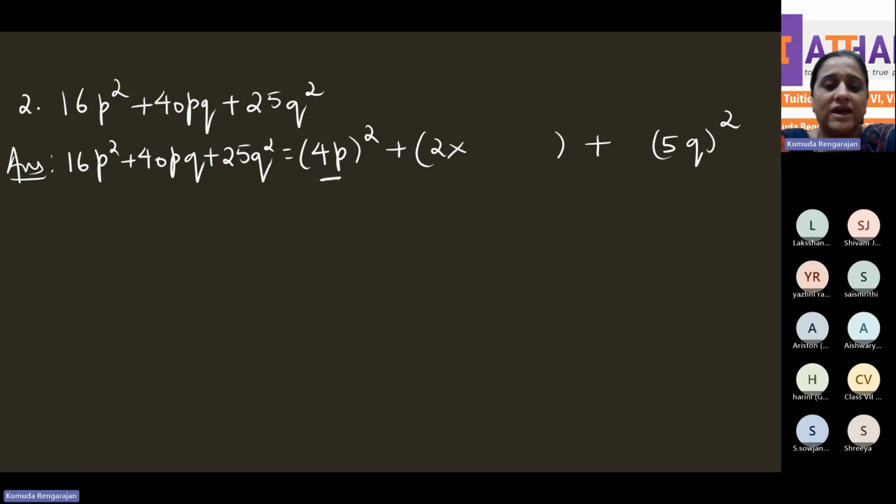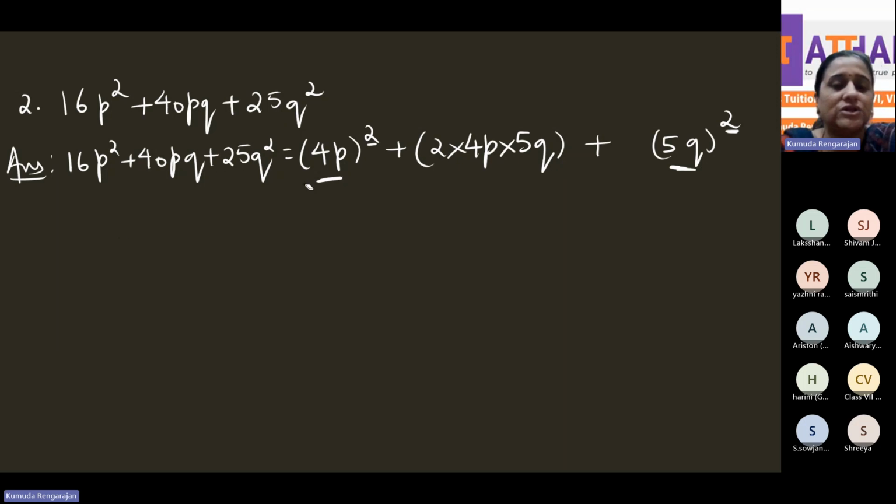So this is a square, this is b square. So a is 4p and b is 5q. So fill that in the middle term. 2 into a, 4p, into b, 5q. And check the product. 4 5s are 20, 2 2s are 40, 40pq. Yes, and that's what we have in the question, 40pq.